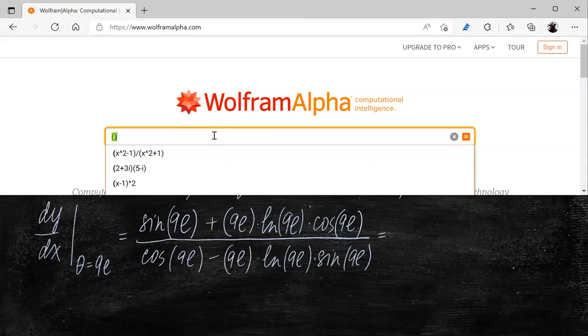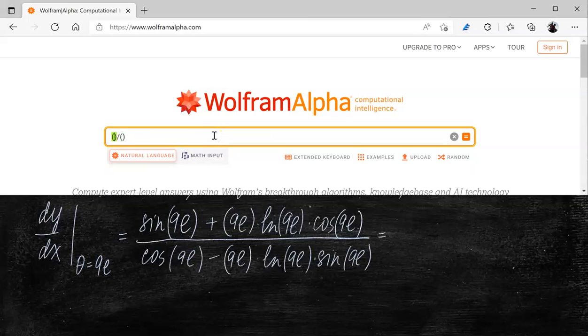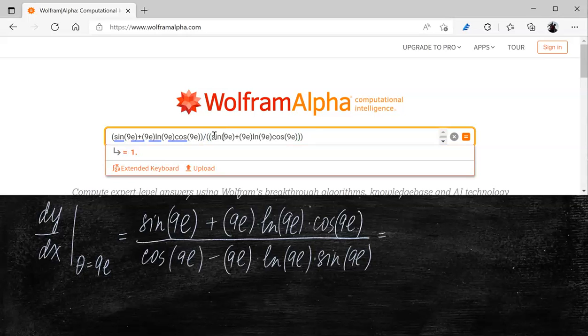So we're going to have a fraction. We're going to have sine of 9e plus 9e. I think I'm just going to copy it. We're going to have ln of 9e cosine of 9e, and we're going to have a very similar expression in the denominator.